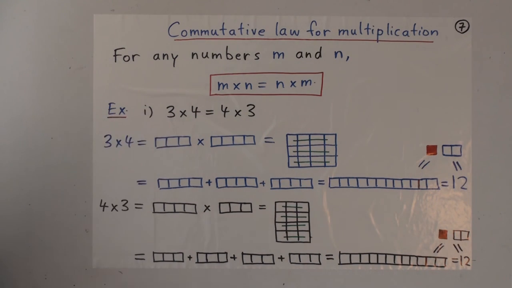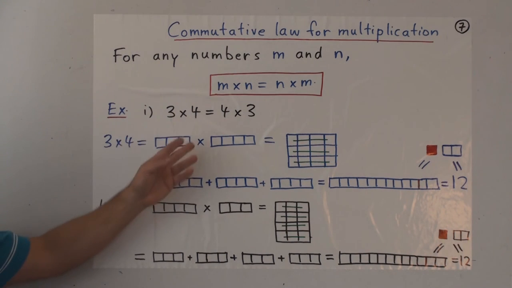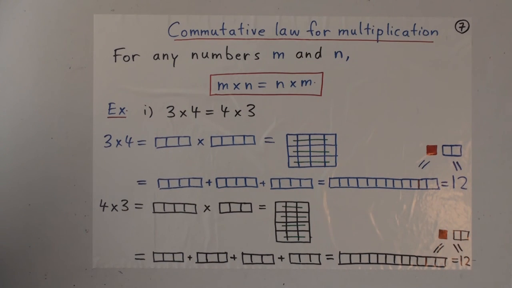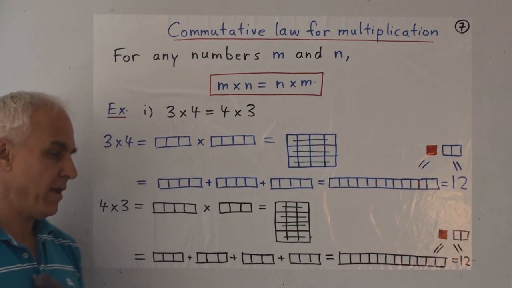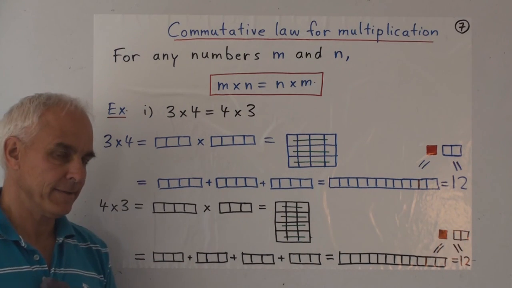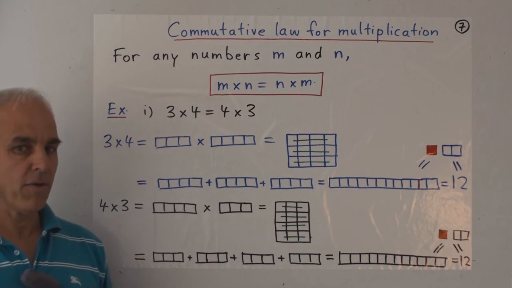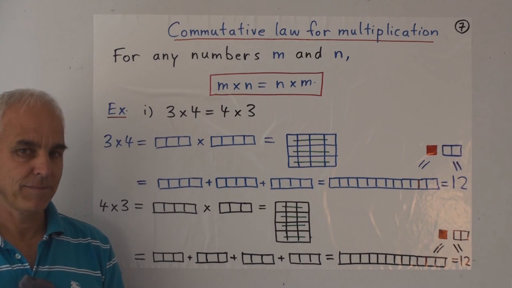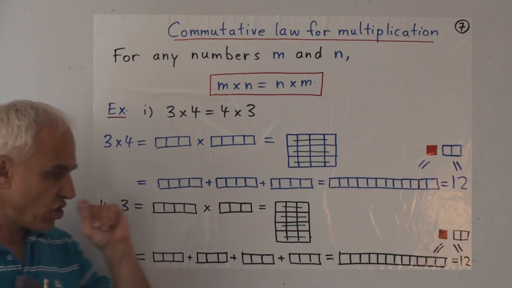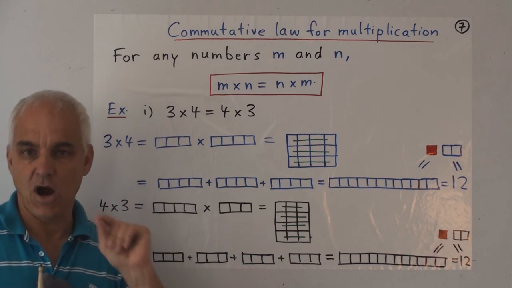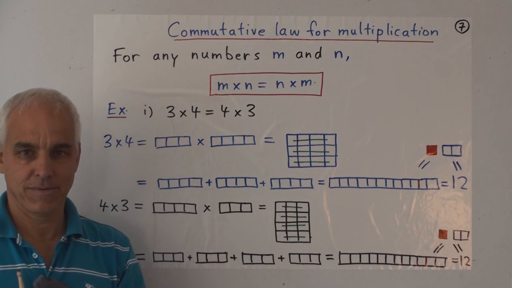And if the numbers were a little bit bigger, if I was multiplying 8 times 9, well, that would be 8 groups of 9, and that would be 9 groups of 8. Why are those the same? The point is that just in a one-dimensional situation, it's hard to see what's going on.